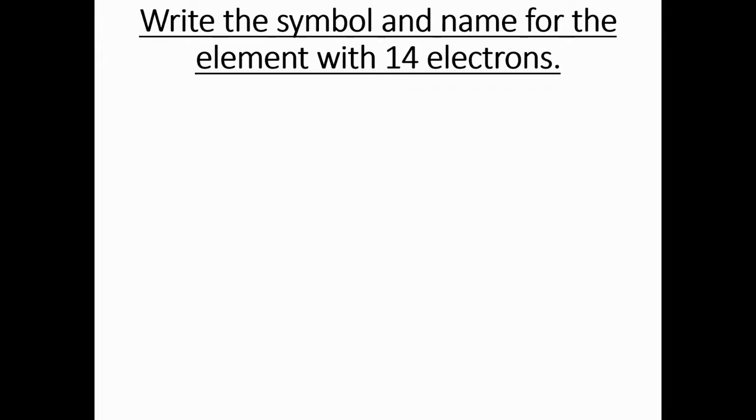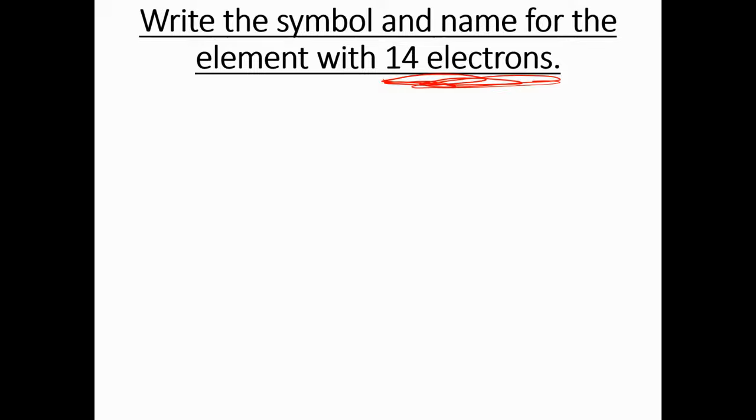Write the symbol and name for the element with 14 electrons. Now, I want you to be careful here. Electron number can change, as can neutron number. Elements can lose and gain electrons. In this case, we're assuming that it's just the neutral element with the standard number of electrons that it has. The subatomic particle that really tells you what element you're dealing with is the number of protons. That's the identifier. The number of protons really makes that element that element.